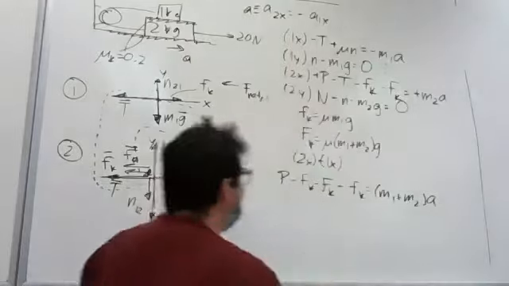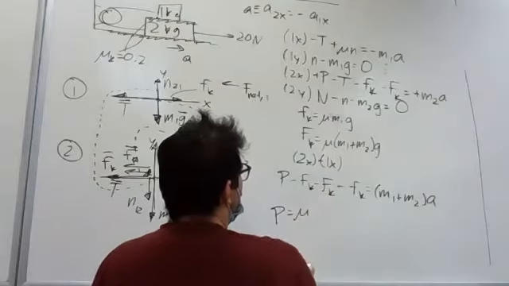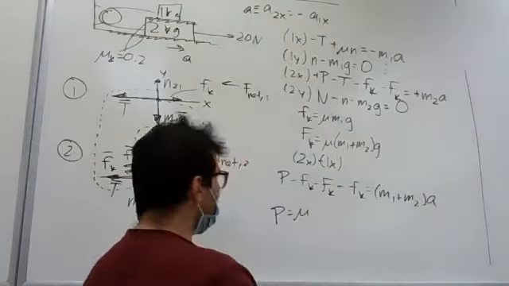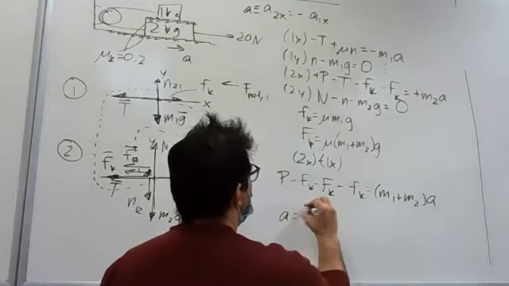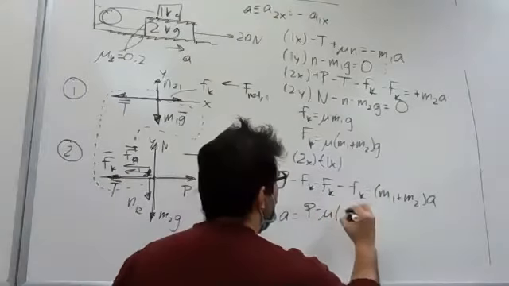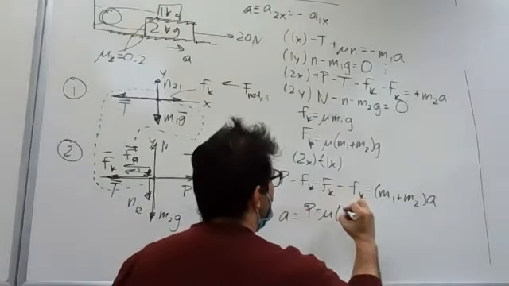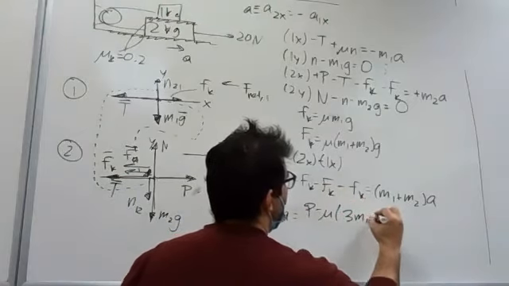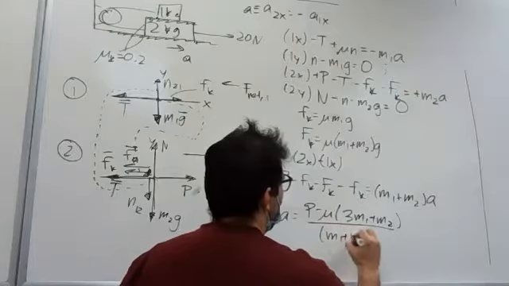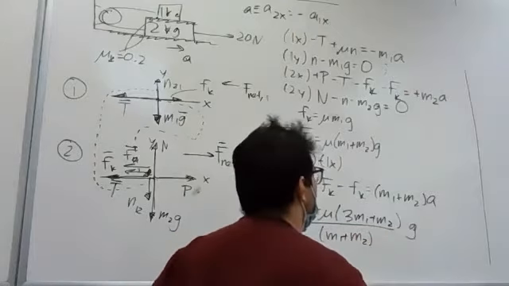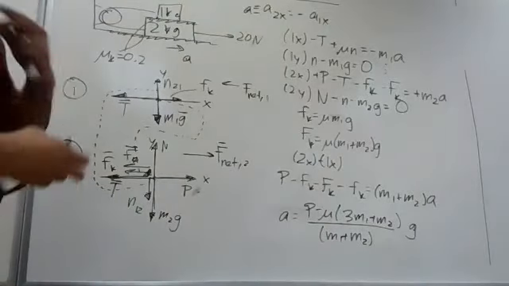Okay. I'm going to go out on a limb and say it's equal to this. P equals mu. Oh, no, not P. Getting ahead of myself. Acceleration equals P minus mu three M1 plus M2, divided by M1 plus M2, all times G. Is that what the website with the Mastering Physics answers says?